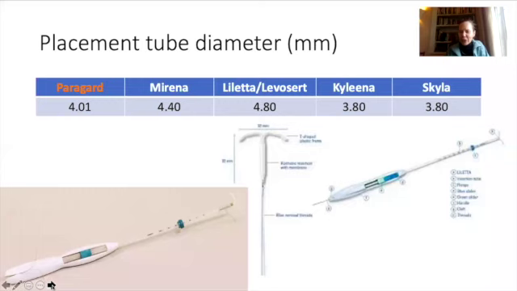Liletta Levocert is the biggest at 4.80. And Kyleena and Skyla are tied at the smallest at 3.80. But again, not anything that means you couldn't place any of these devices for a woman who hadn't previously given birth if this was her hormonal contraceptive or intrauterine contraceptive of choice. Next slide.